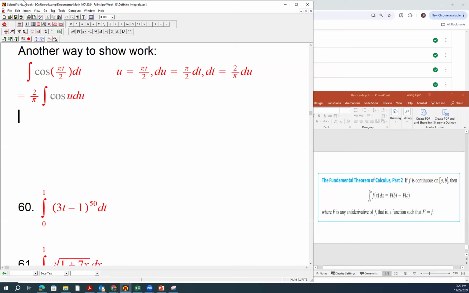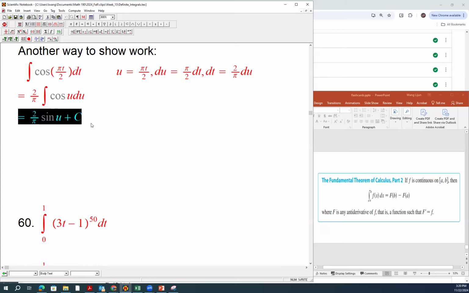Then we get our antiderivative, 2 over pi sine of u, plus a constant.